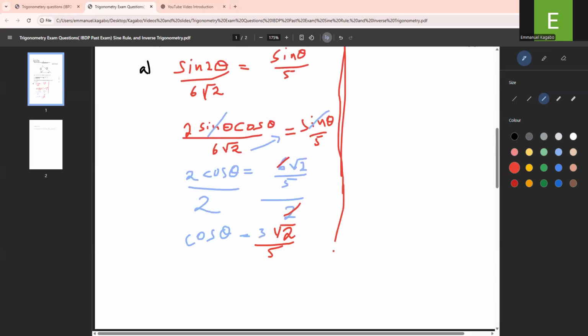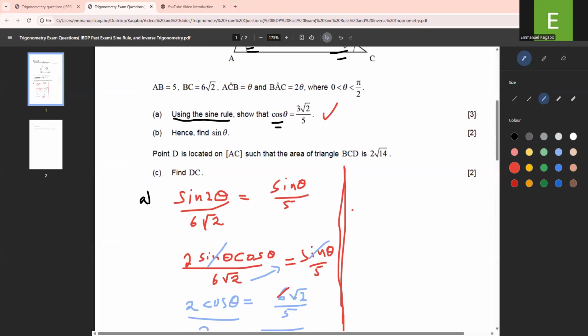Very easy question. Okay. Question B, what did they say? They said, find sine theta. We have cos theta, then they say sine theta. Back to the formula, which I always say is very important in trigonometry: sine squared theta plus cos squared theta is equal to 1.